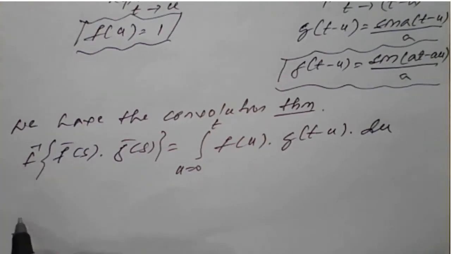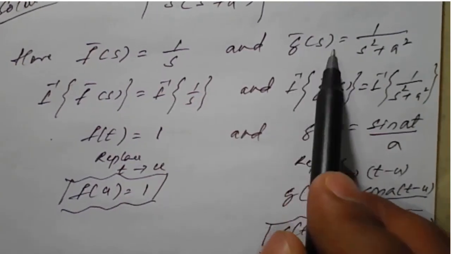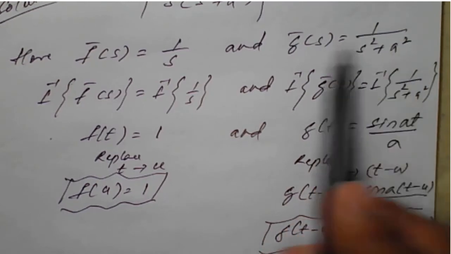So inverse Laplace of, as we consider, our f dash of s is 1 by s and g dash of s is 1 upon s square plus a square.